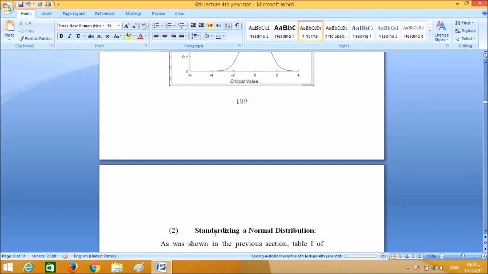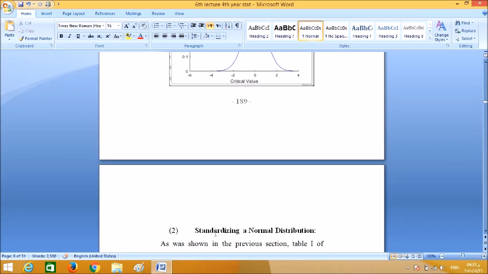The second point is standardizing a normal distribution. Standardizing the normal distribution means that we have to compute the standard normal value, or change the values of x to be values of zeta or z.